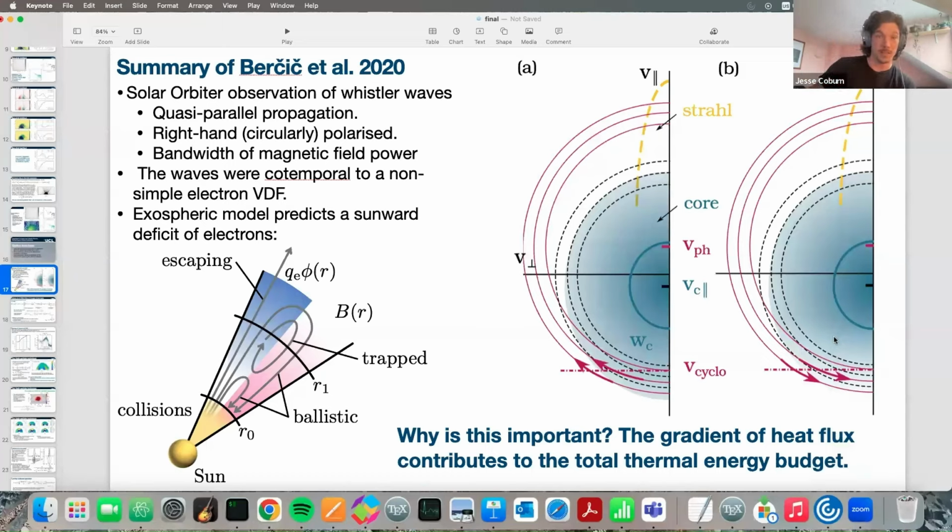Now, if we take into consideration the deficit, which we've done over here with these red lines, there's the possibility that the gradient in the phase-space density brings you in the opposite direction.